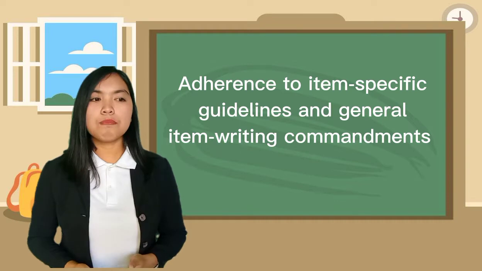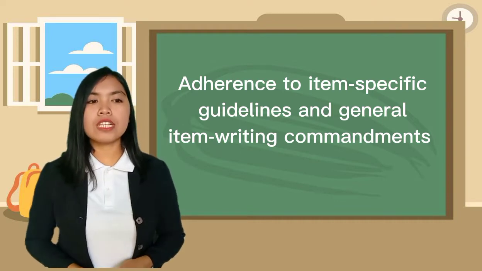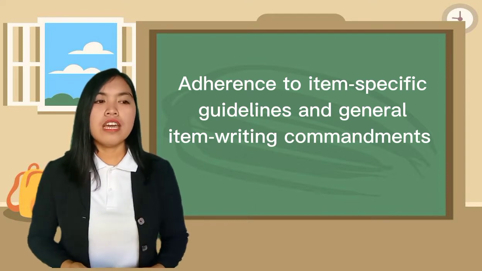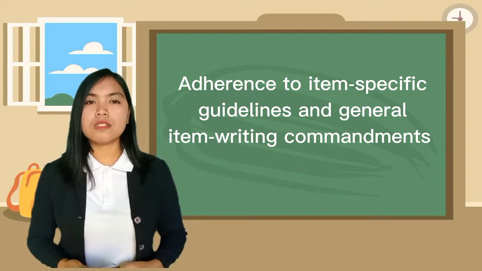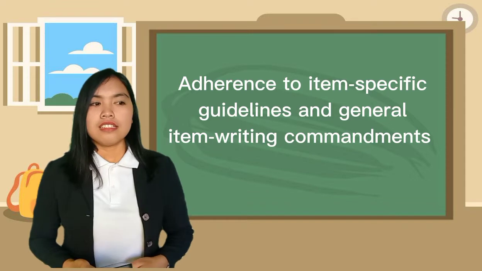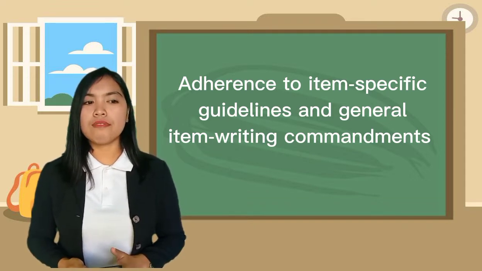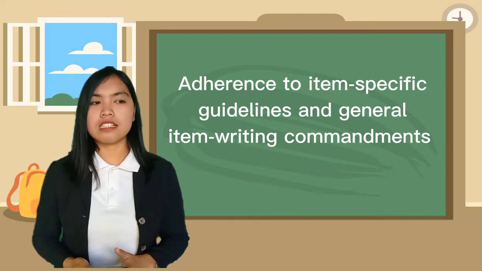The preceding chapter has provided specific guidelines in writing various forms of objective and non-objective constructed response types and the selected response types for measuring lower-level and higher-level thinking skills.